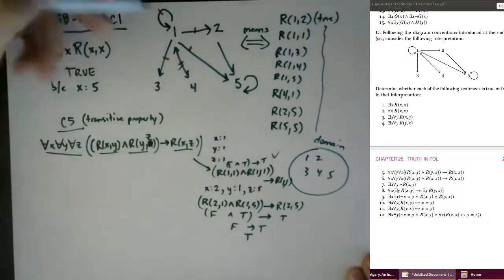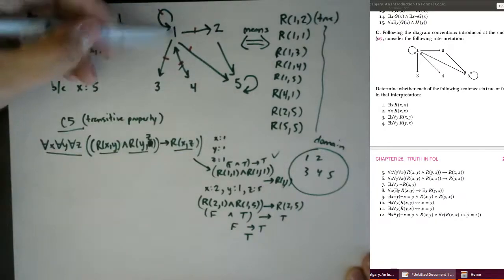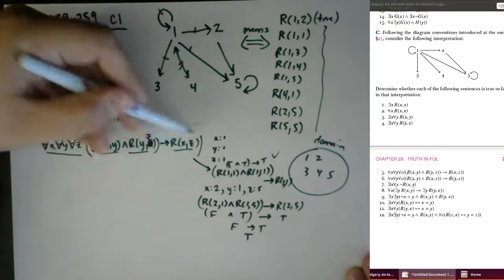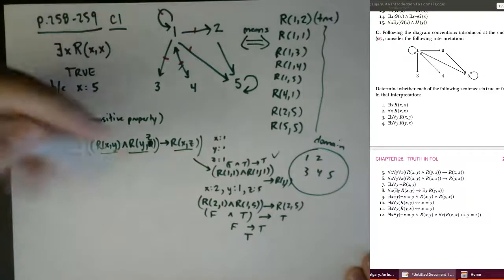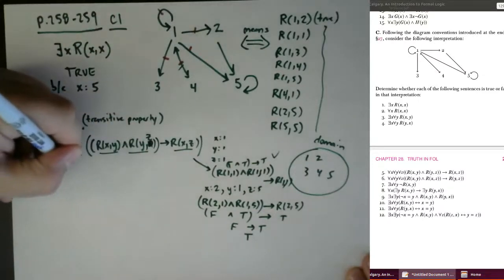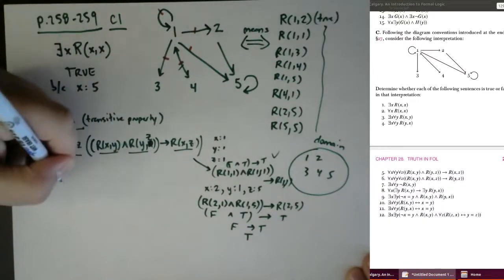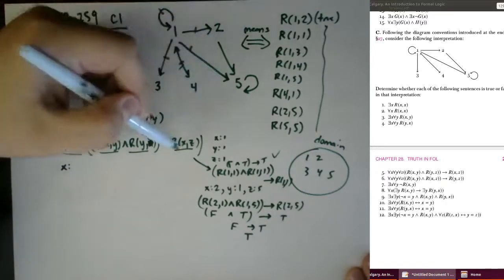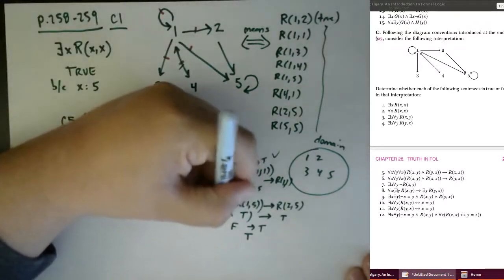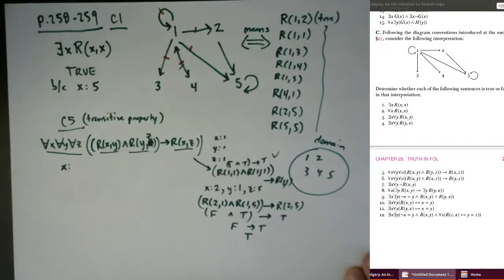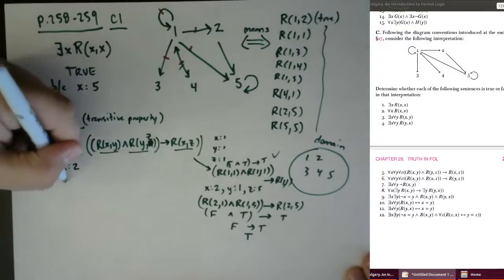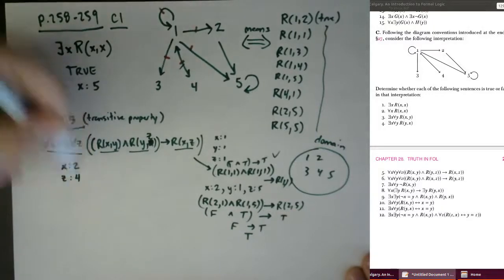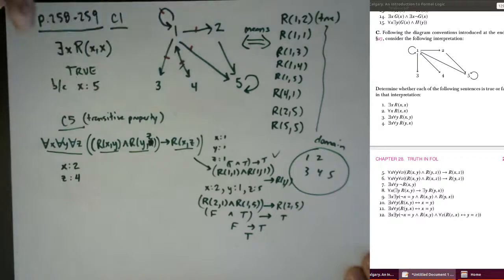So let's see. We clearly can't, if X were 1, then this thing is true, and that defeats the purpose. I want the left side to be true and the right side to be false. So maybe if X were 2, I could pick Z to be 4. That's going to make sure that RXZ is false.